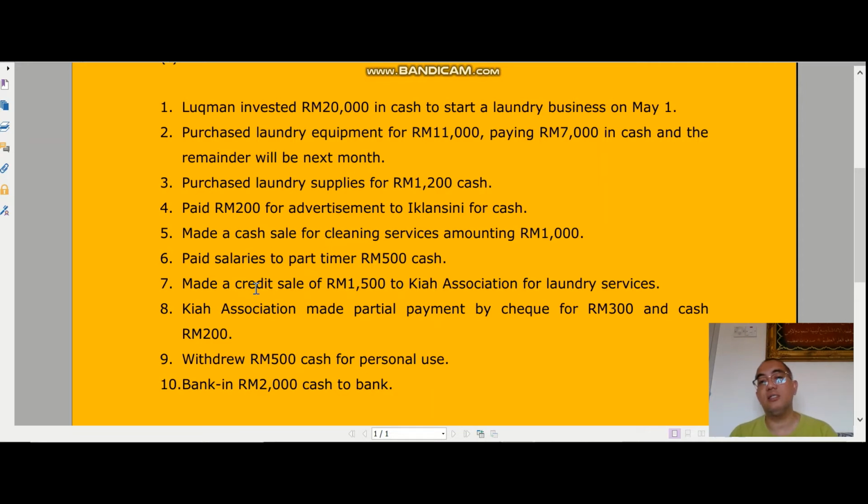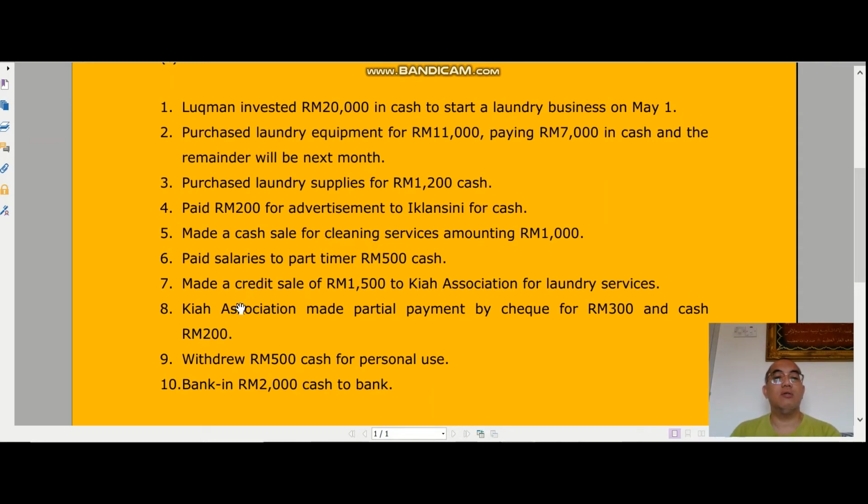So credit sales meaning that Kia took the goods or enjoyed the services without paying. Now Kia is owing us. So Kia is our accounts receivable or debtors. So we can see here debtors or accounts receivable is our asset. So it should shoot up. We have an increase in our asset, accounts receivable, and we have also an increase in our revenue.